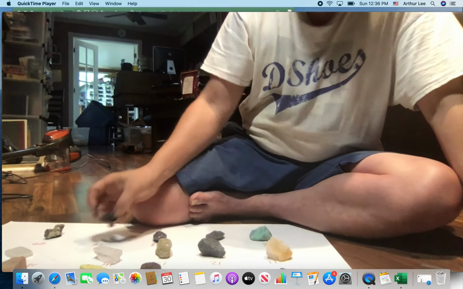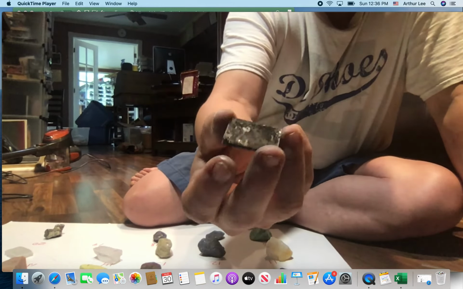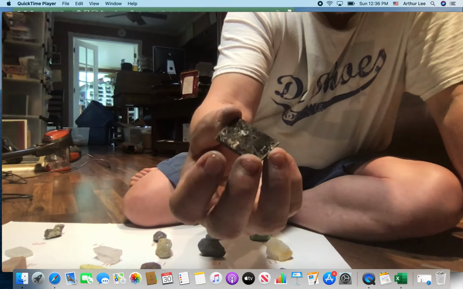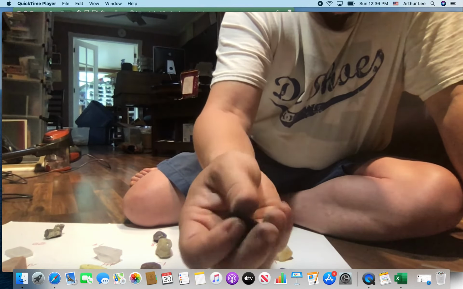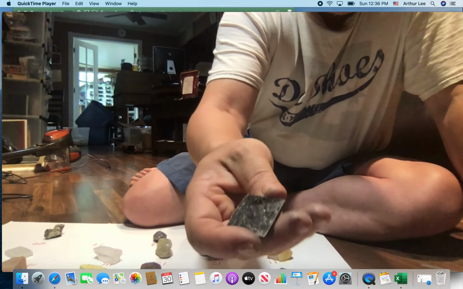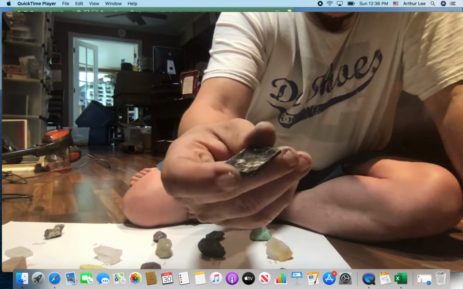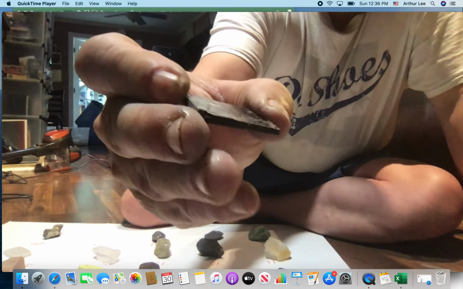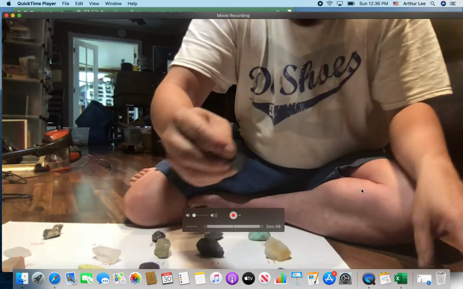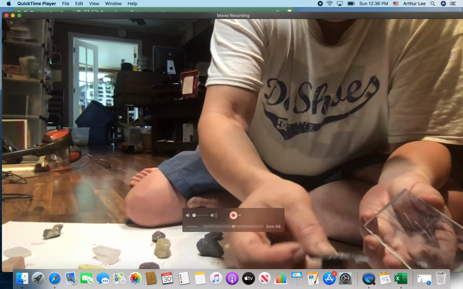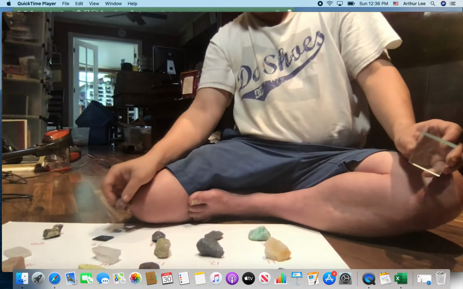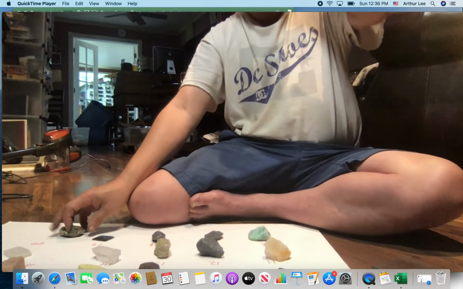Number 19. You see any flat planes here where it could break? Maybe in sheets. Note the color. It's very light and it's very weak. It will not scratch glass. Last but not least is number 20.